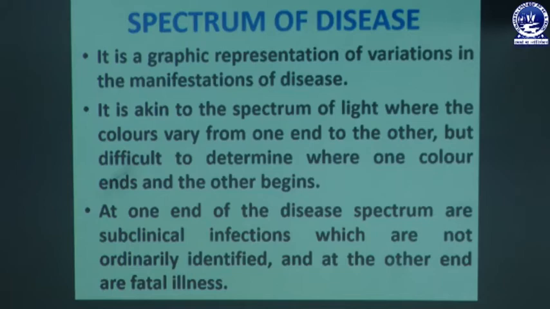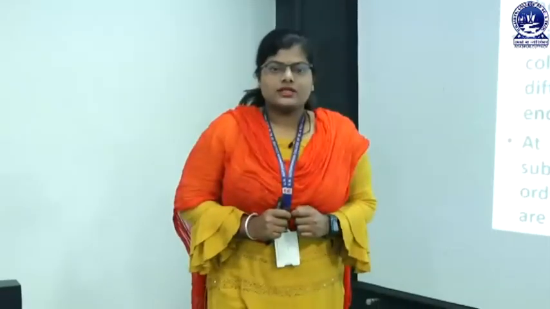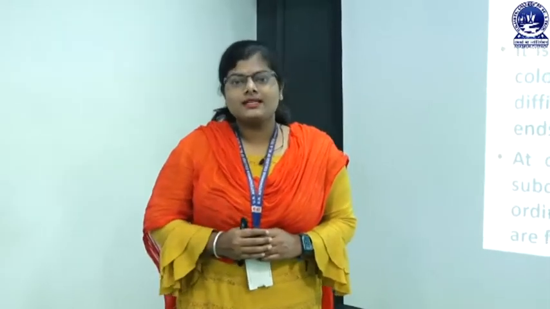In the spectrum of disease, we have to know about early diagnosis, because we can't detect or identify the disease from the first or primary stage. So at which period the disease progresses from mild to severe, and some persons are suffering from the severe stage of that disease.